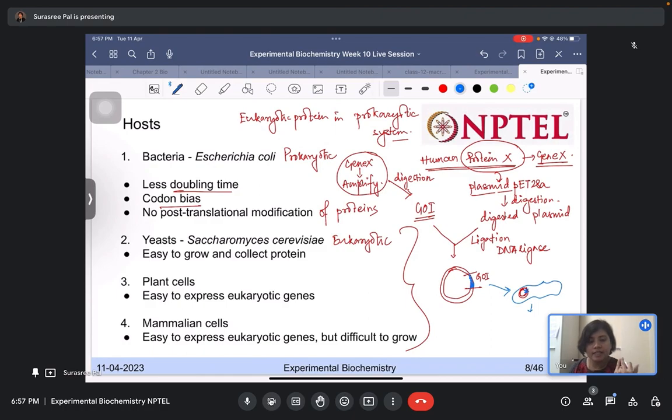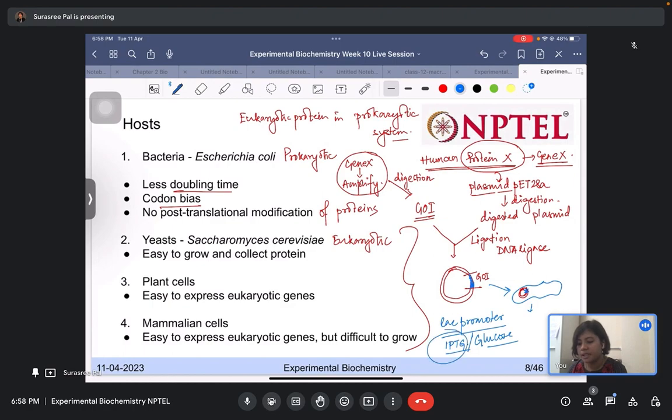And if this gene of interest is expressed under an inducible promoter, which is actually the lac promoter, I hope you are familiar with the lac operon. The lac operon consists of the lac promoter, which is inducible by the addition of IPTG, or we can also use lactose, the natural inducer of this lac promoter, and we use IPTG in our lab.